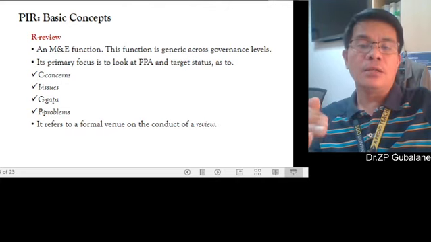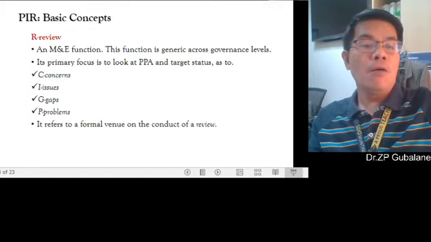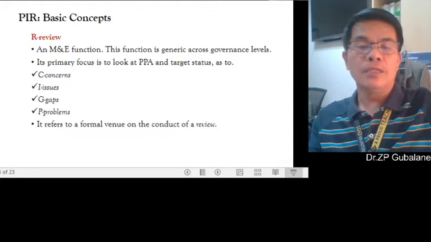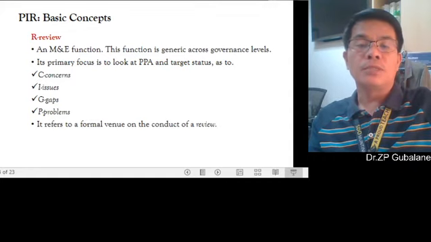So that is what we call our governance levels in the Department of Education. Review also refers to the primary focus to look at in terms of PPA or program, project, and activity, and target status.